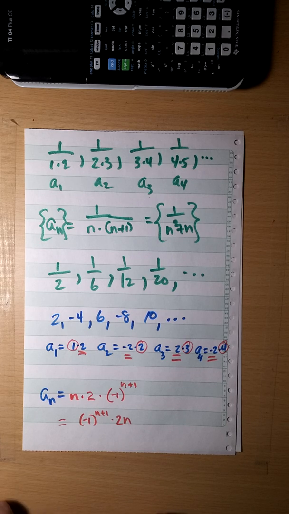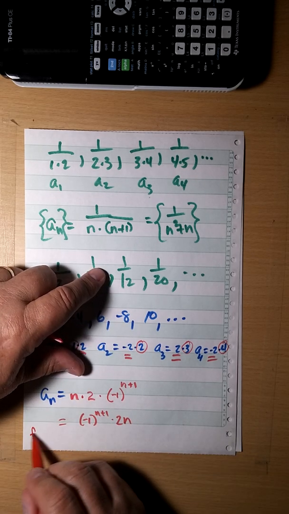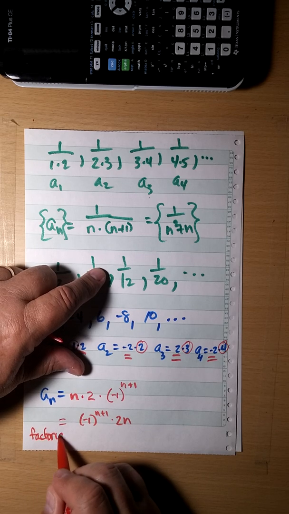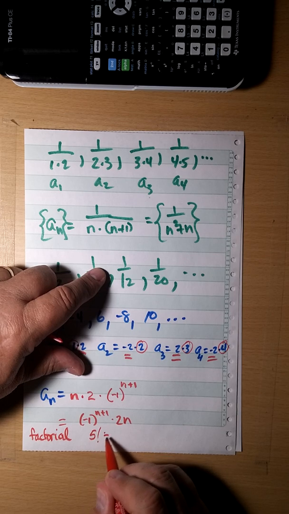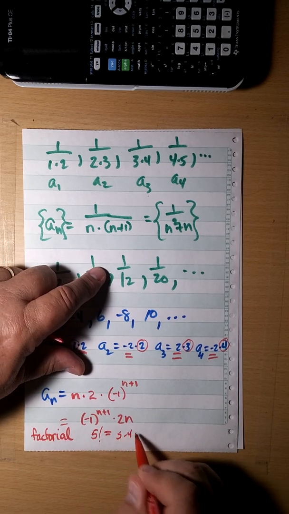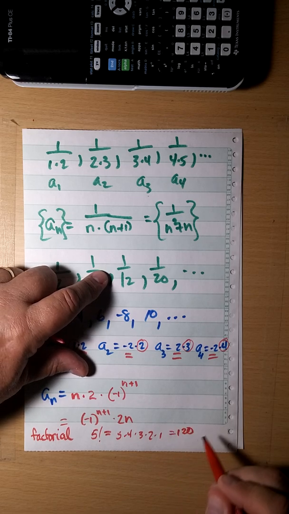Does this make sense? Do you guys know what factorial is? Let's get that in here. Factorial. 5 factorial is 5 times 4 times 3 times 2 times 1, or 120.